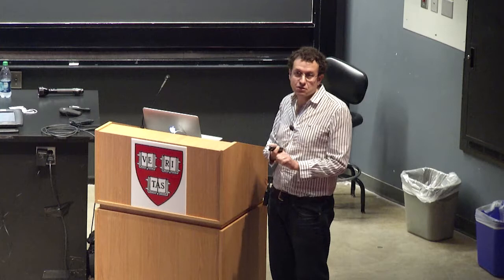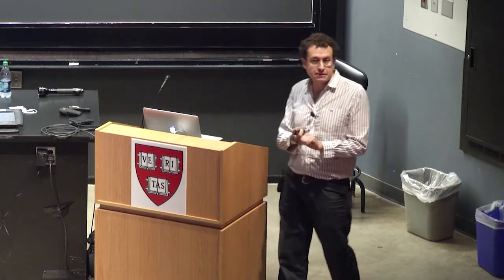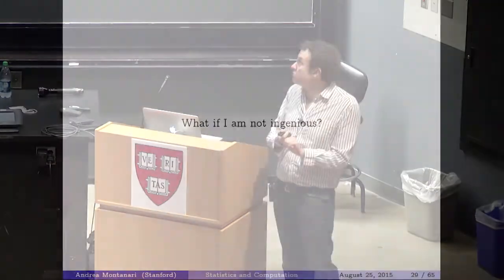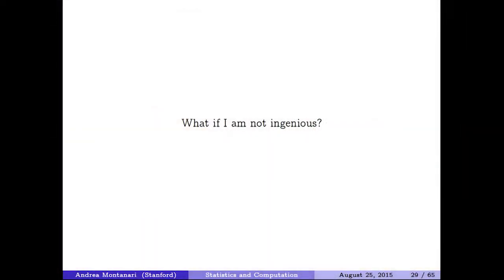Okay, so this begs the question, what if I'm not ingenious, right? This is not just an academic question. First of all, I'm not ingenious. And second, you would like to solve these problems with methods that are somehow robust, that are generic. Because after all, we know that the model is wrong, right? No real data set has this model.